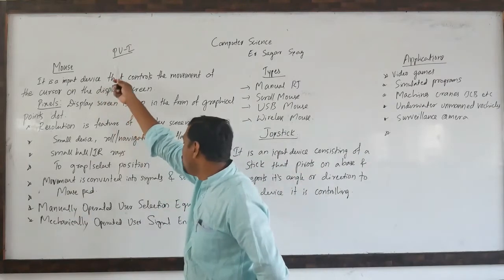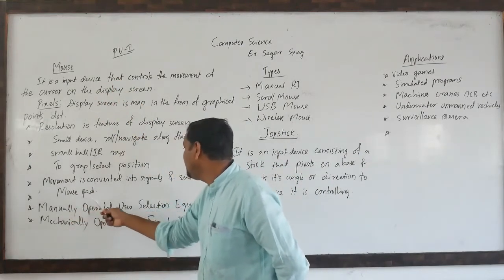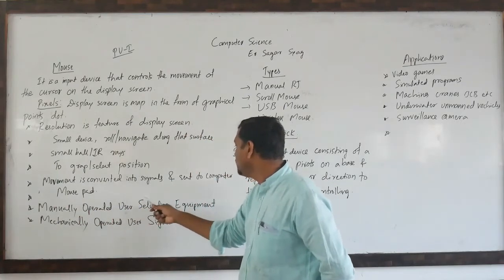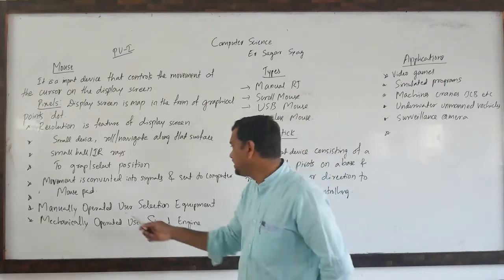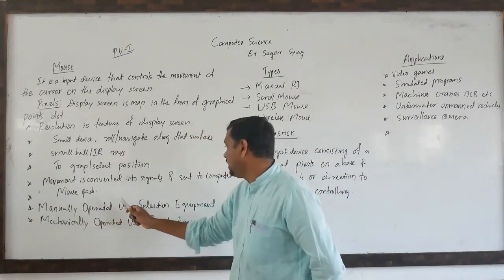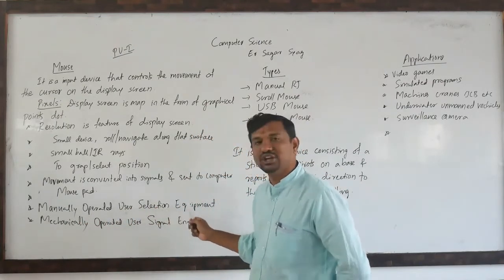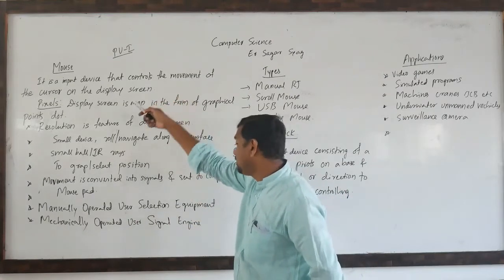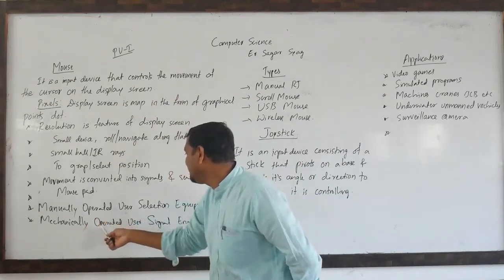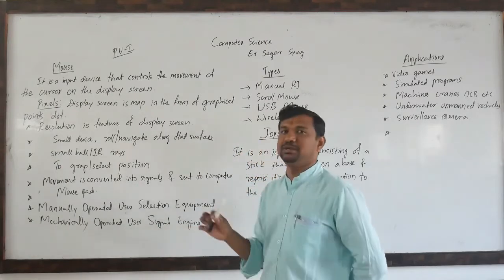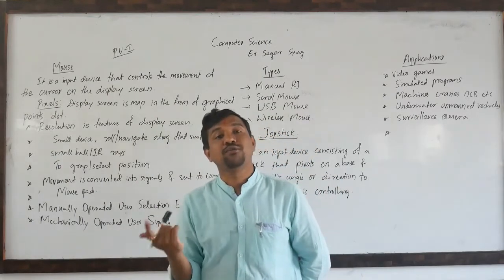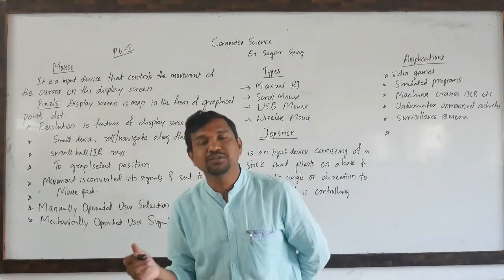MOUSE means manually operated user selection equipment. Another expansion for mouse is mechanically operated user signal engine. So these are the long forms of mouse.